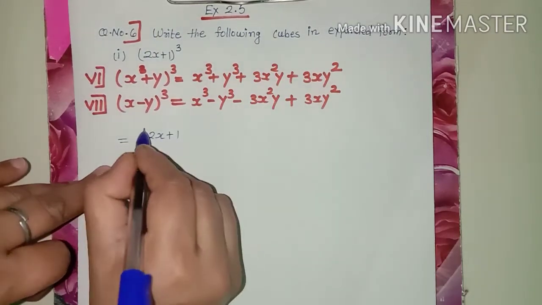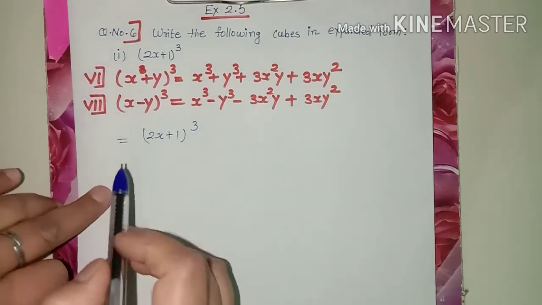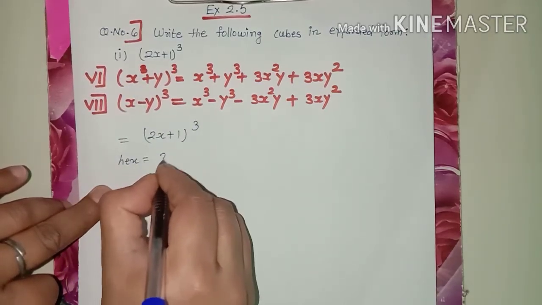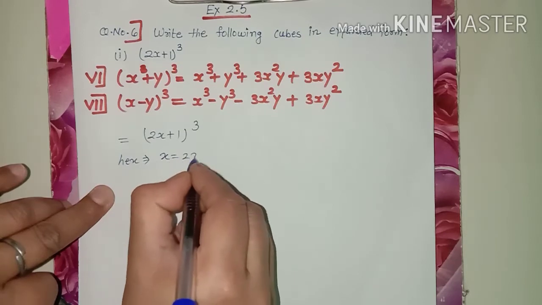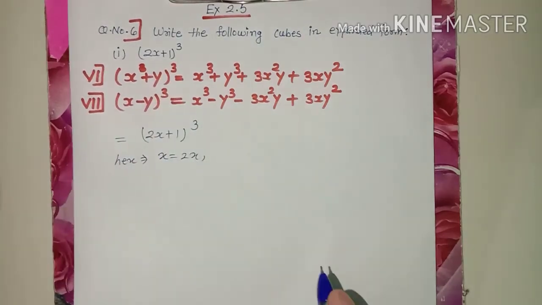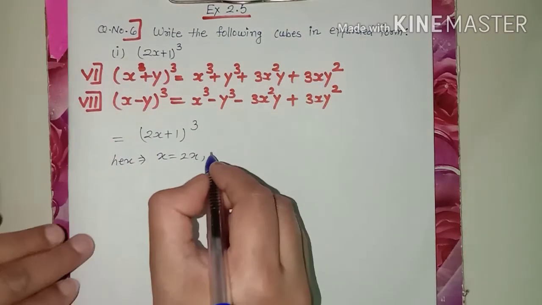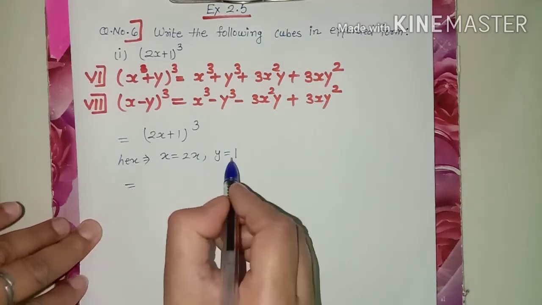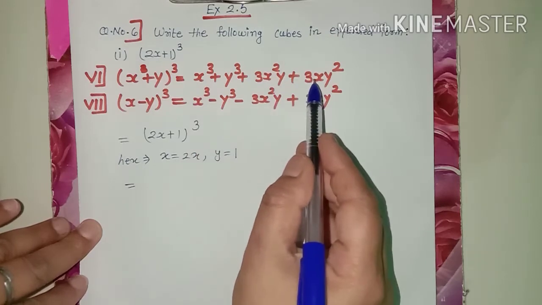2x plus 1 whole cube. You can easily see here student, the value of x is 2x and the value of y is 1. Now we will substitute the values of x and y in this right hand side form.